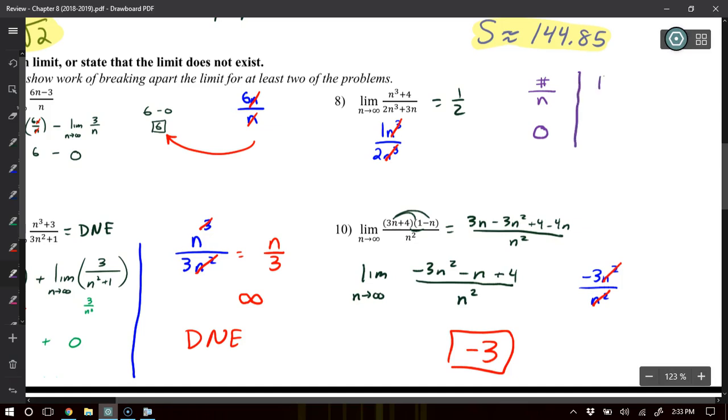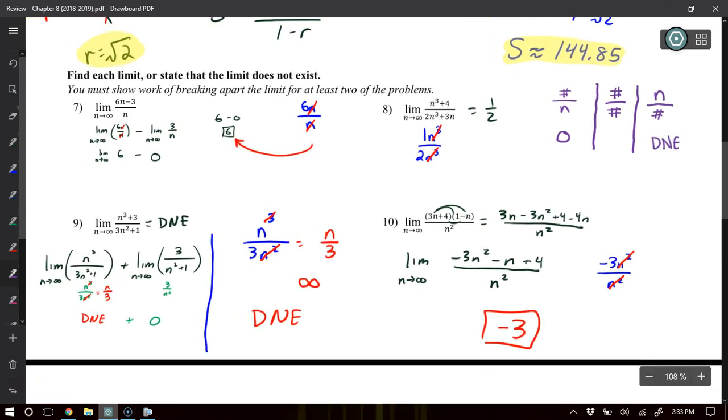You're going to have your variables cancel like they did in a couple of cases, and you're going to be left with a number over a number. In that case, that is your limit because there's no variables to plug into. The third case is what if you have the variable left on top and a constant on the bottom? Infinity divided by 2, by 3, by 4, not going to affect infinity too much. So that is the one where it does not exist.